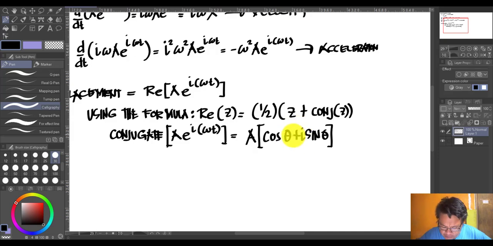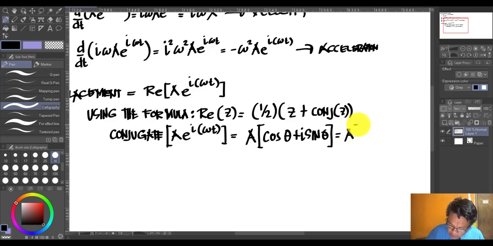The sign convention of the positive i will be changing if we use the conjugate of e raised to i omega t. So if this is positive, it will become negative.